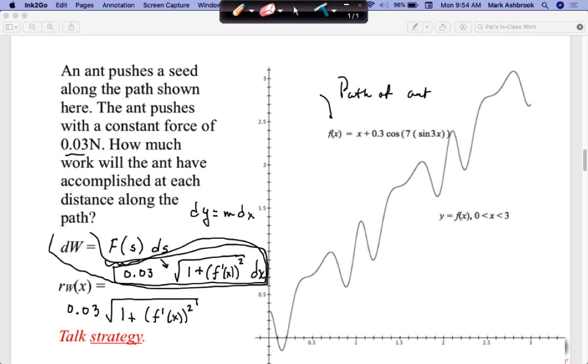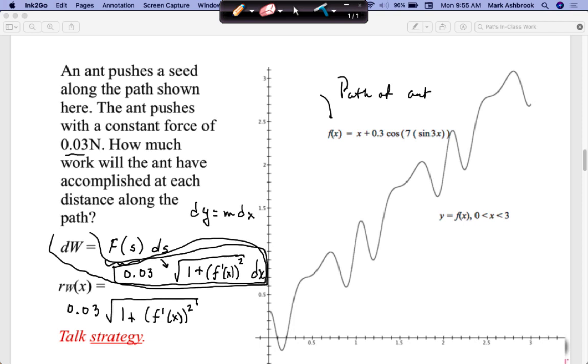So here's the big takeaway. What quantity is the rate of change of work? Force, right? It's force. And this is just transforming it from arc length into the x variable. That's all this square root does. It's unitless, and it's just a transformation from the direction of the curve to making the independent variable x.